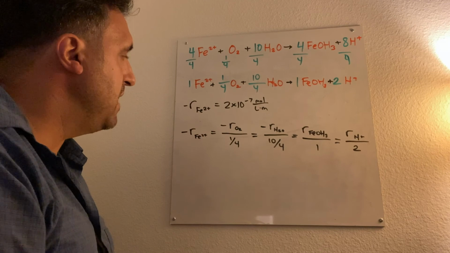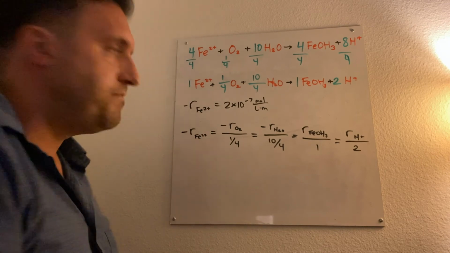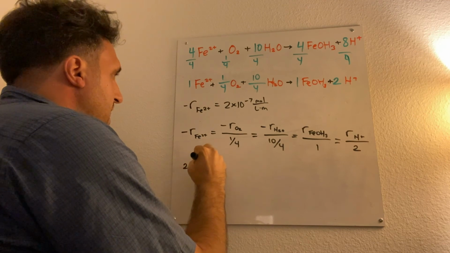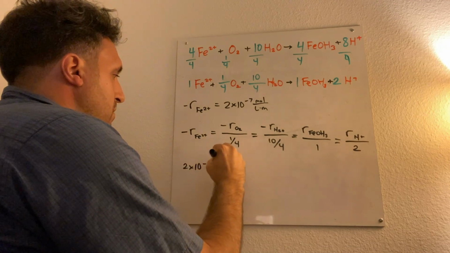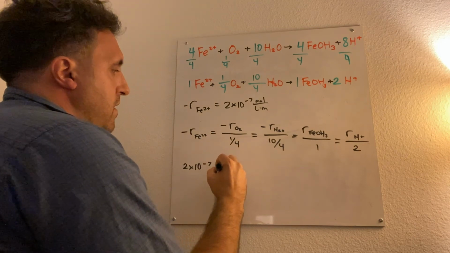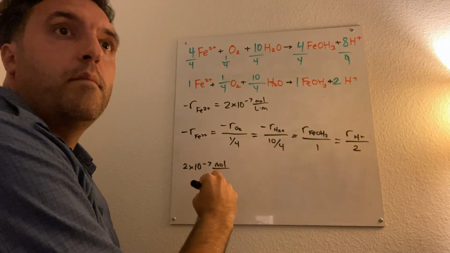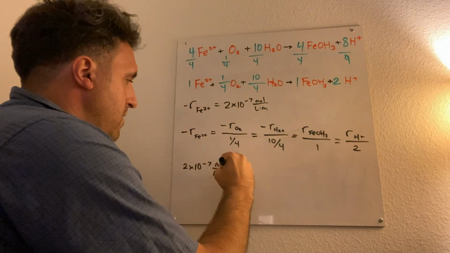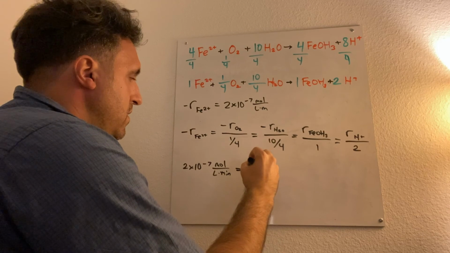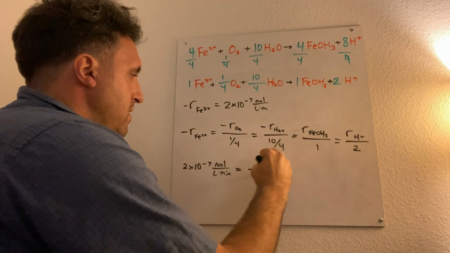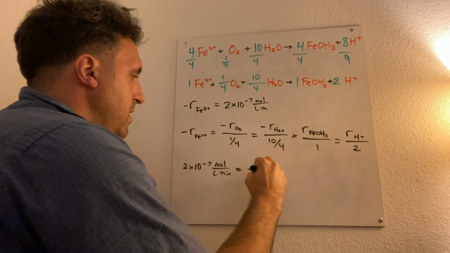So let's take the example of oxygen. 2 times 10 to the negative 7th moles per liter per minute is equal to negative RO2 divided by 1 over 4.